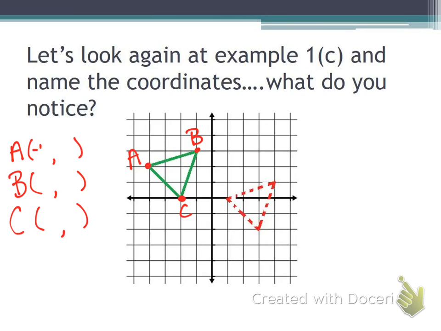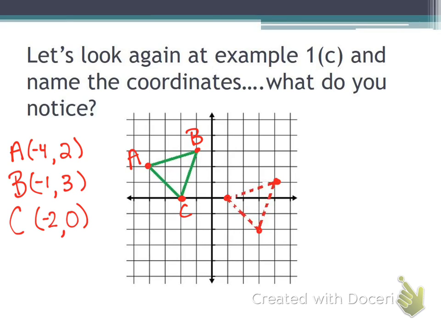Good, negative 4, 2. Remember, if we go left of the origin, we're negative on the x-axis. All right, what about letter B? Point B? Negative 1, 3. And point C? Negative 2, 0.